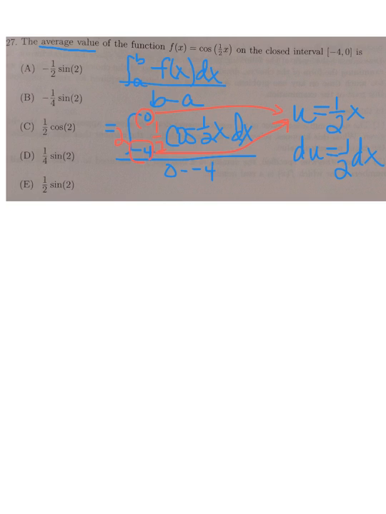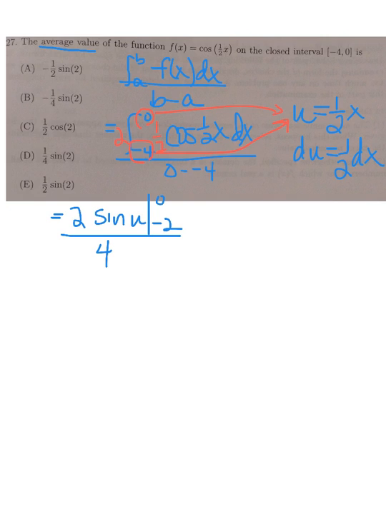So I essentially have 2, I'm going to integrate the cosine of u, which I know is sine u. And I'm making new bounds, right? So if I plug in 0 into my 1/2 x, I'm still going to get 0. And if I plug in -4 into my 1/2 x, I'm going to get -2. And then this whole thing is going to be over 4, right?